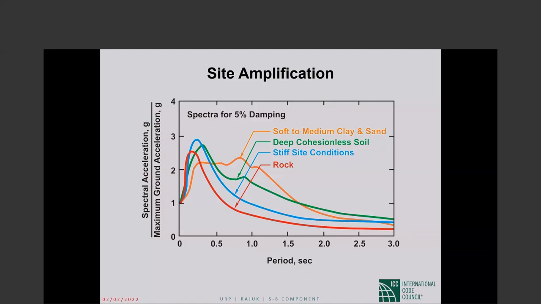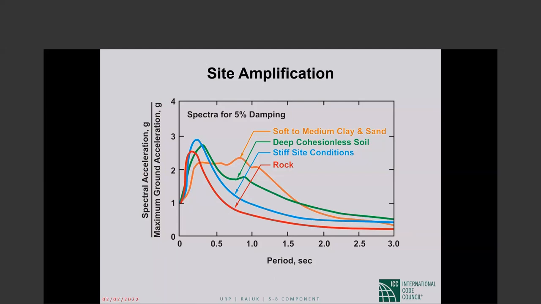That's all that was available at that time. 104 actual strong motion records beyond a certain threshold. Now, 30 or so were on rock. 30 or so were on stiff site conditions as he described them. Another 30 or so deep cohesionless soil, and about 15 of the records were on soft to medium clay or sand.